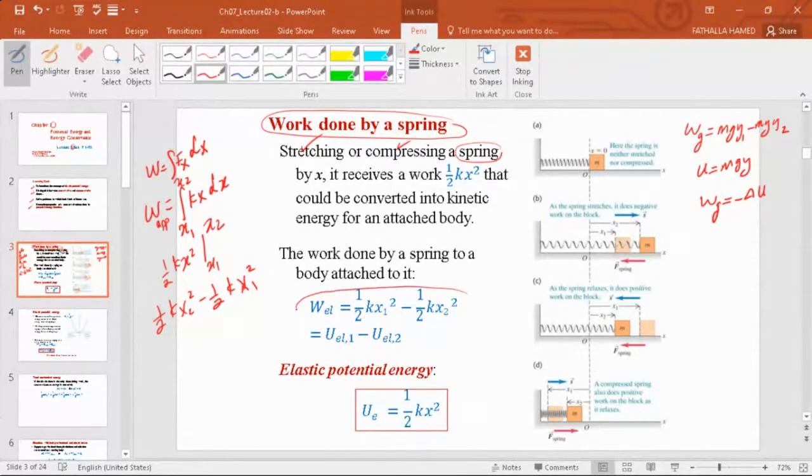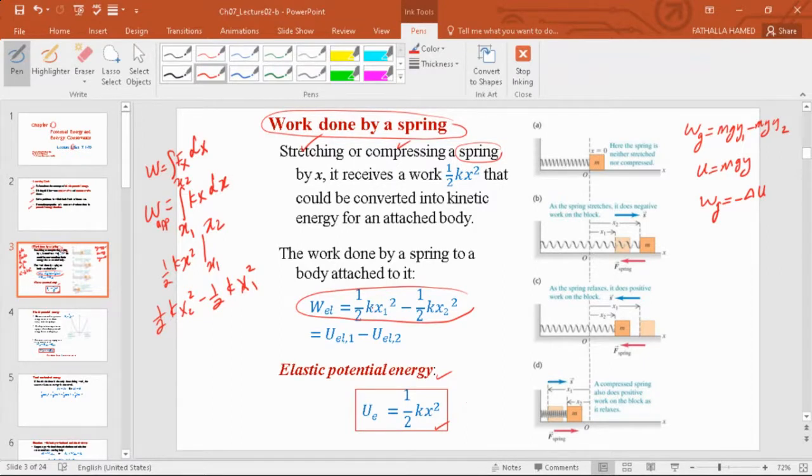We have the work done by the spring. You can attach a body to the spring, so the spring will do work on that body, and the work done by it is equal to 1/2 kx1 squared minus 1/2 kx2 squared. We have already done that before. Now we're going to define something that we're going to call elastic potential energy, and we're going to say that this is equal to 1/2 kx squared.